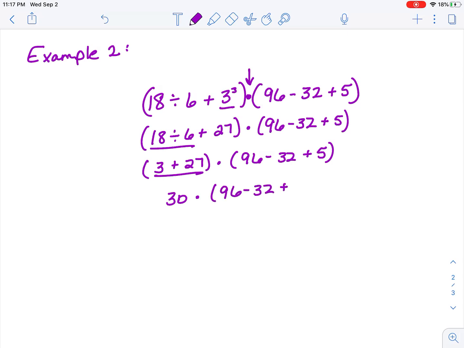So I am done with the first parentheses, and now I do the next one, and all that's in it is adding and subtracting. So I go from left to right. And I add.